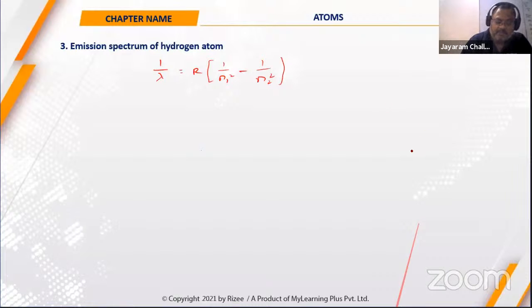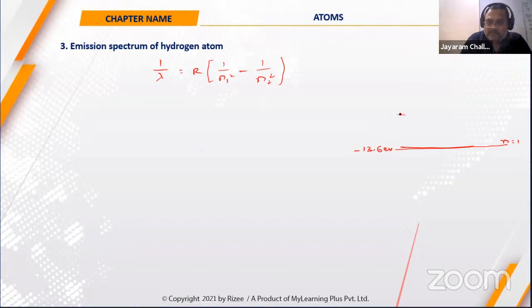So in that one, if I go for the basic thing, this is your ground state. What is the number of the ground state? That is n is equal to 1. The energy of the ground state is minus 13.6 electron volts.